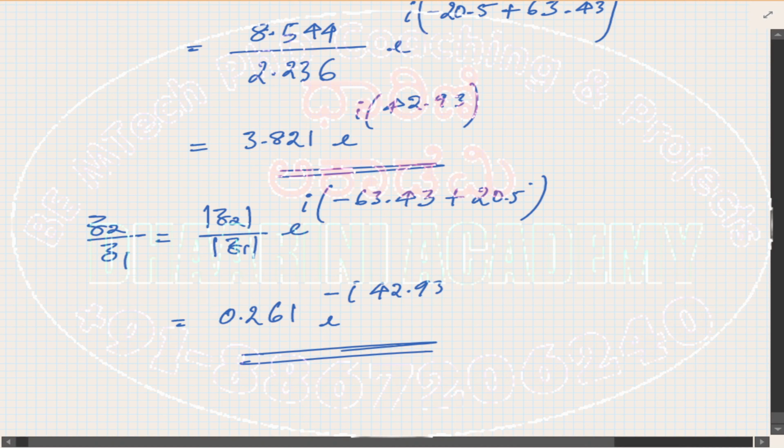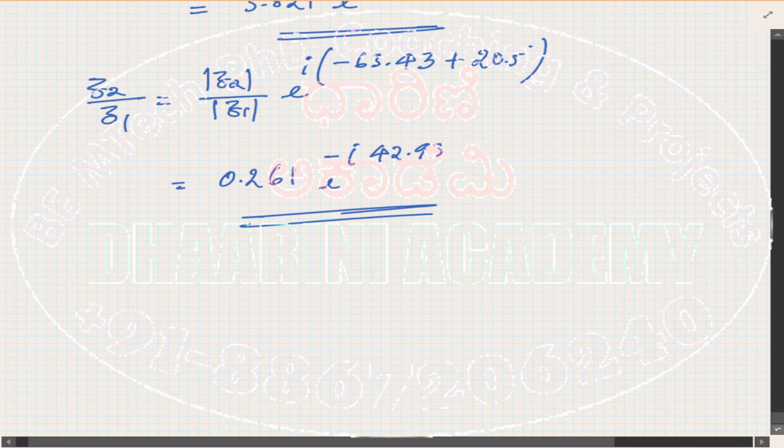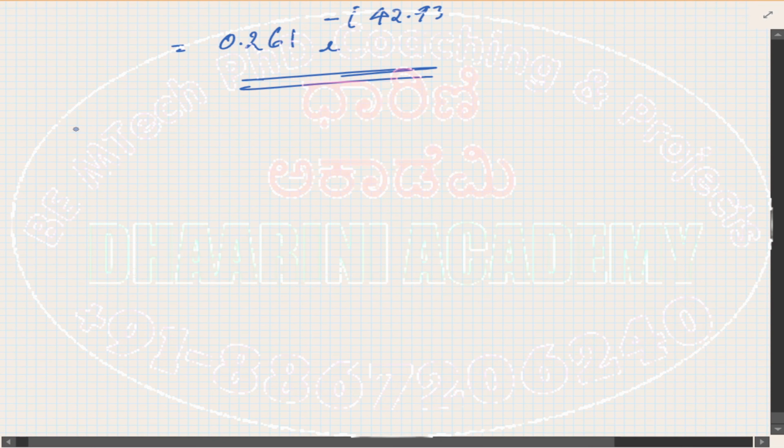Right. Now the problem for you to solve is this. Z1 is equal to 6.5 plus i 3.2.